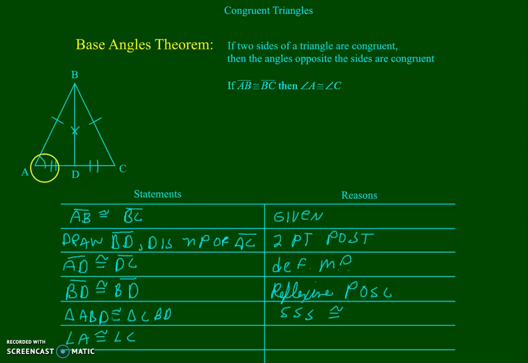So I know that this angle is congruent to this because corresponding parts of congruent triangles are congruent, and we abbreviate that CPCTC. And that gives us the base angles theorem. So we know that if two sides of a triangle are congruent, the angles opposite must be congruent. So now let's move on to the next section.